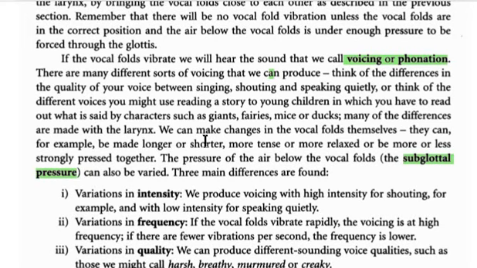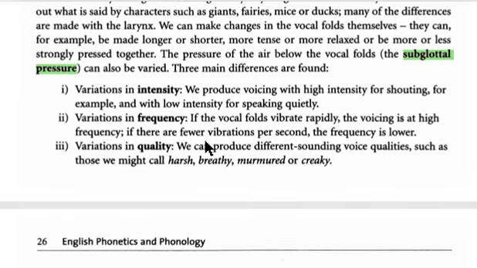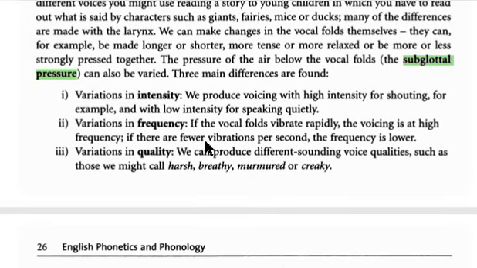There are 3 ways in which we can control the subglottal pressure. The first one is intensity. We can control the intensity of our voicing. If we shout, if we raise our voices, we increase the pressure under the larynx.